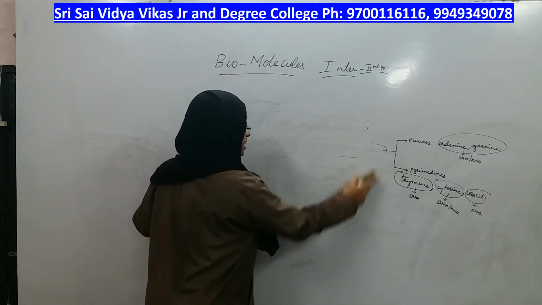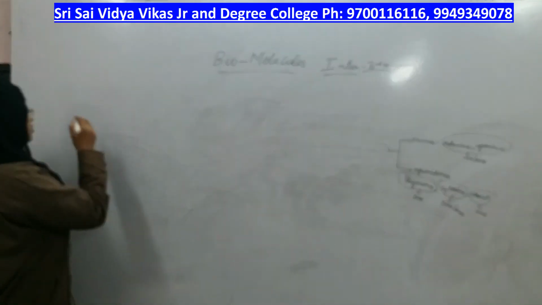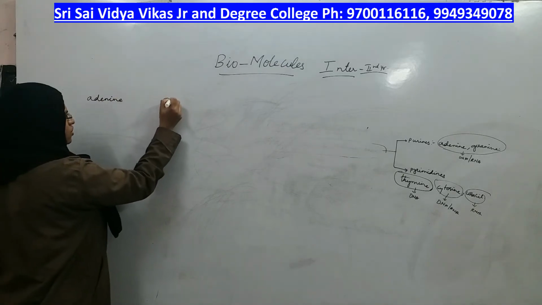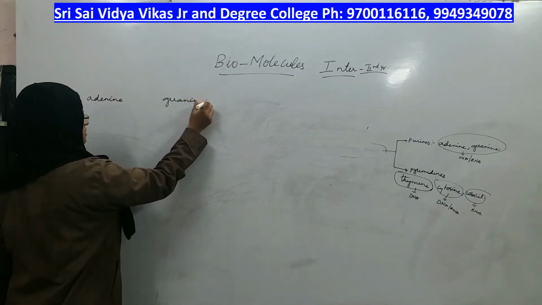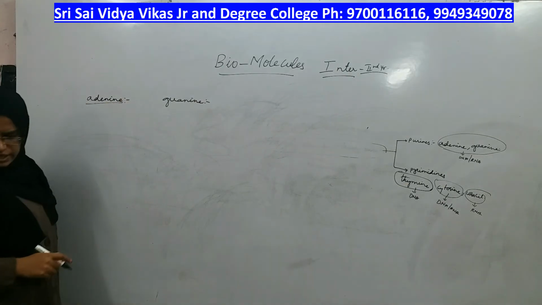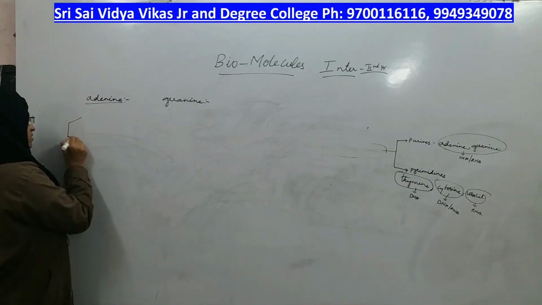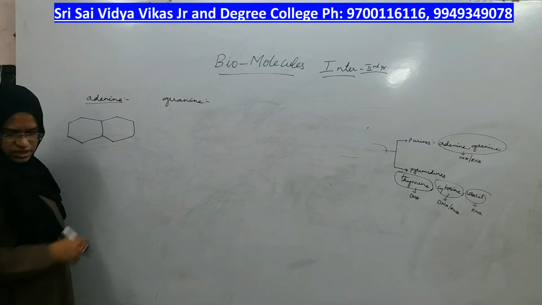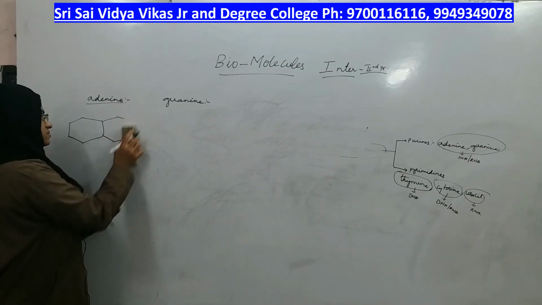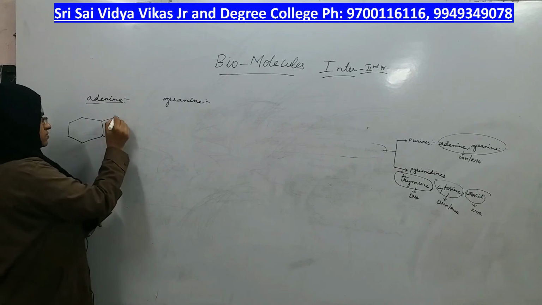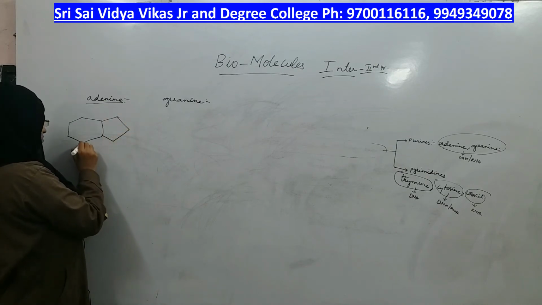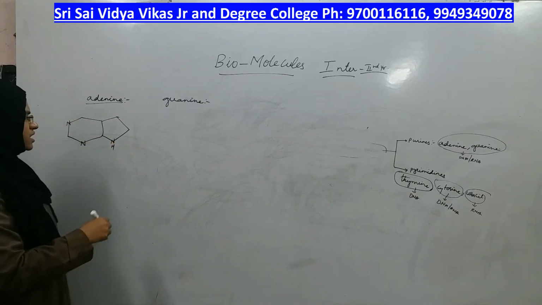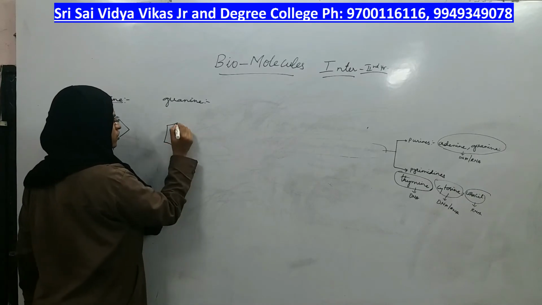Right. Now, let us look at the structures of purines first. In purines, what comes? Adenine and guanine. Let us look at the structure of adenine first. Adenine and guanine are of the same type, so their structures are similar. In the same way, you draw one more same ring for guanine also.